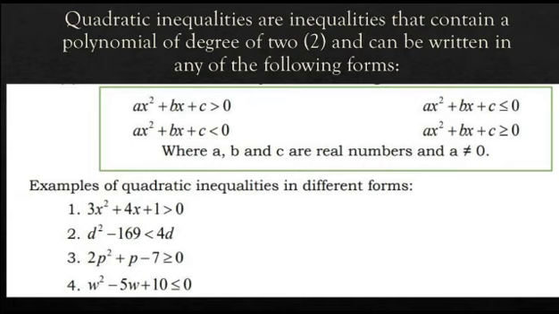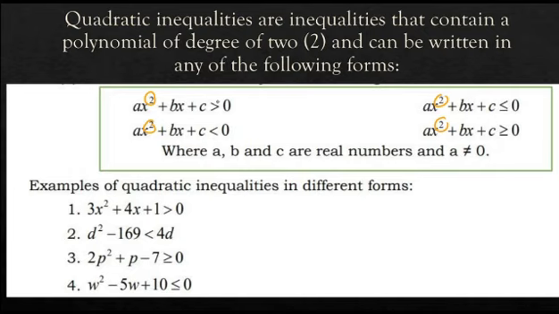Quadratic inequalities are inequalities that contain a polynomial of degree 2 and can be written in any of the following forms. Just like with quadratic equation, still the highest exponent is 2. So we are using here the standard form in which the highest exponent is 2. But in this case, we have 4 different forms.